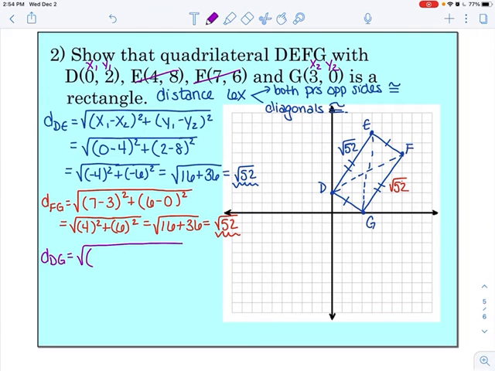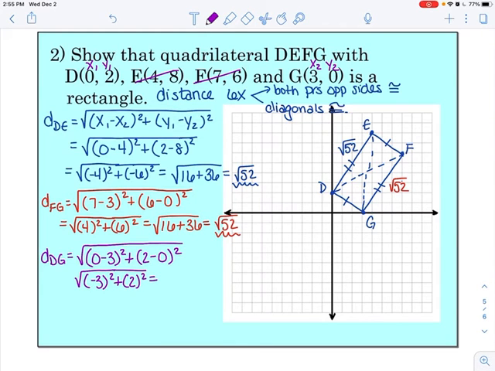So X1 minus X2, 0 minus 3 squared, plus Y1 minus Y2, 2 minus 0 squared. Okay, again, when I do my subtraction there, 0 minus 3 is negative 3, and 2 minus 0 will be positive 2.